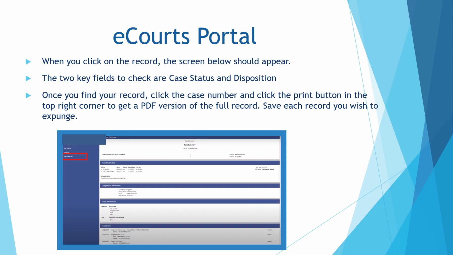You can see the case information tells you what kind of case it is. A lot of these offenses are abbreviated, so they may be a little tricky to understand, but you can always look those up.